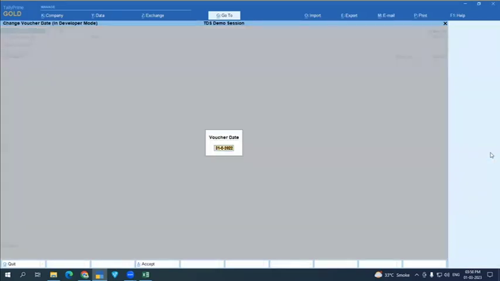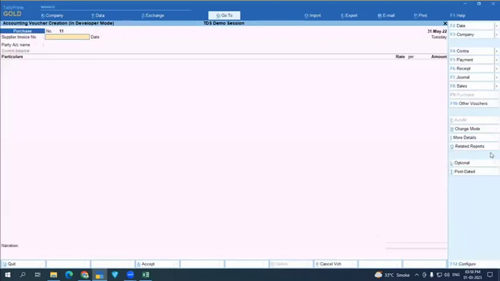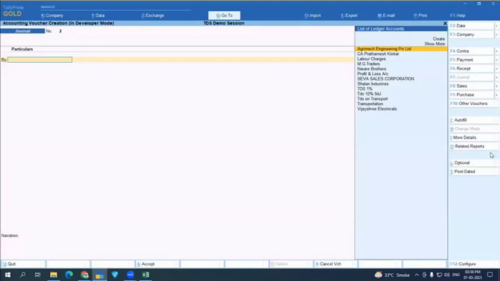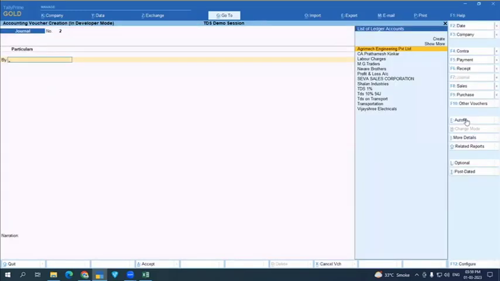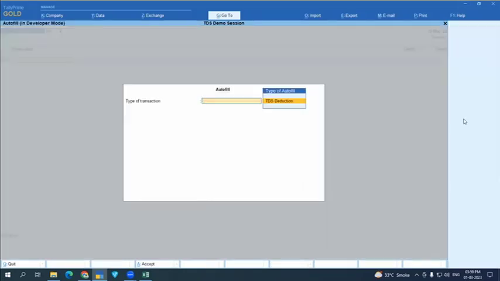Suppose I am putting here 31st May. Okay, press F7, journal, and don't make any journal entry normally. Please see at the right side. At the right side, Autofill is the button. Autofill. Select TDS deduction.